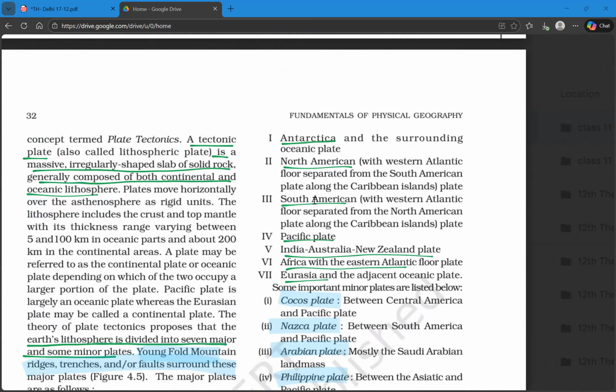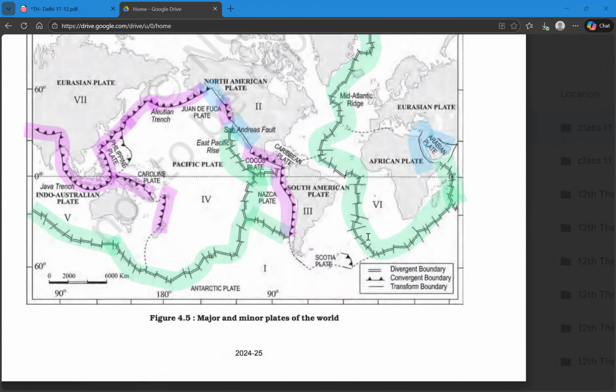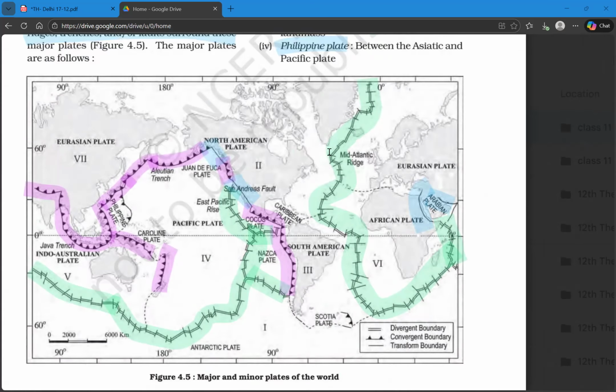The third one is South American with Western Atlantic, separated from the North American plate along the Caribbean plate. So this is the South American plate. It is divided from North American along the Caribbean plate.